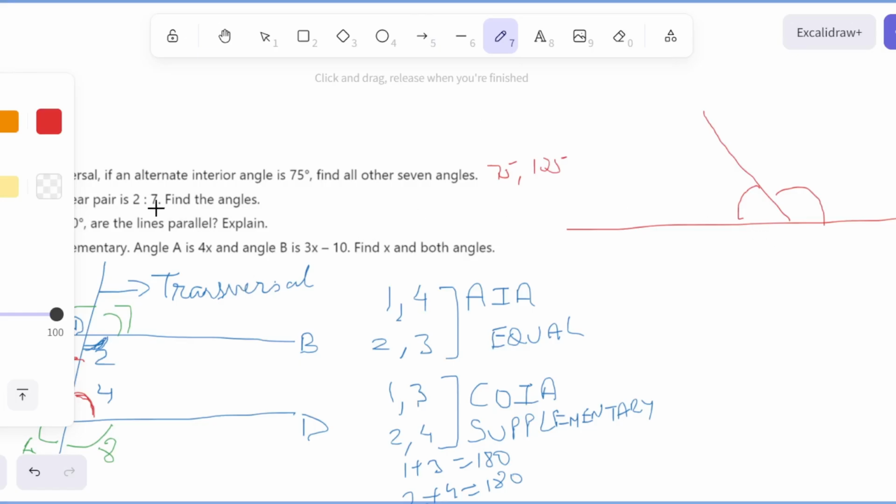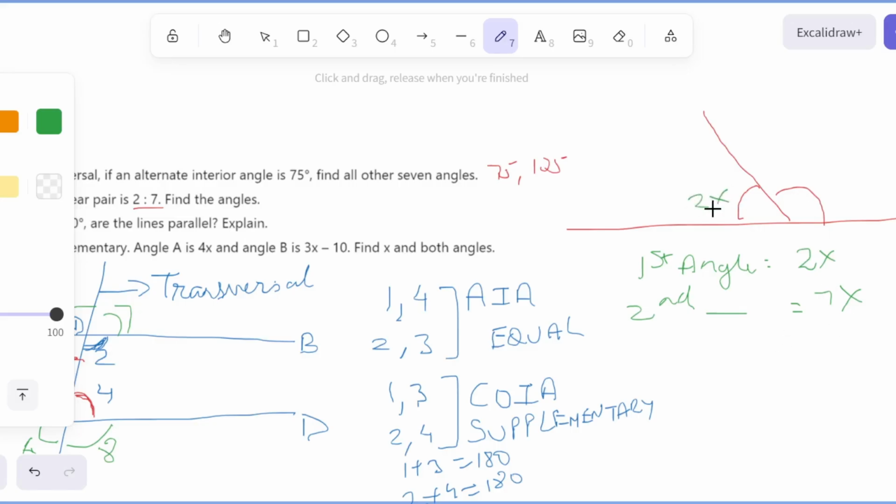Whenever ratios are given, always attach x to these numbers they have given. So let the first angle be 2x and the second angle be 7x. The first angle is 2x, the second angle is 7x.